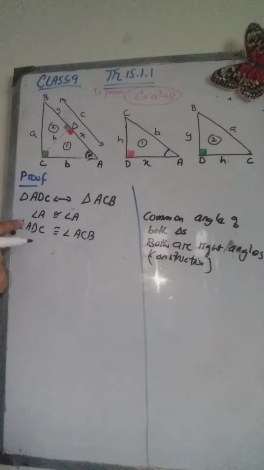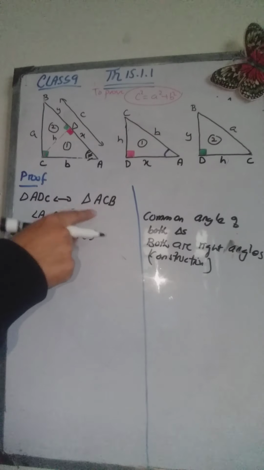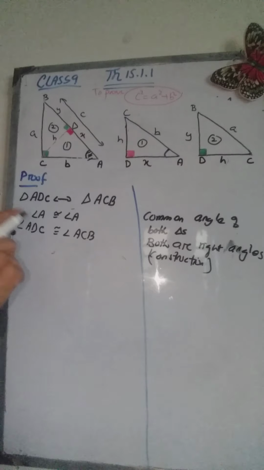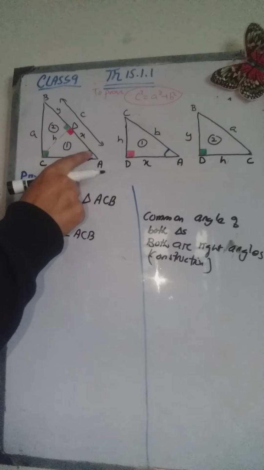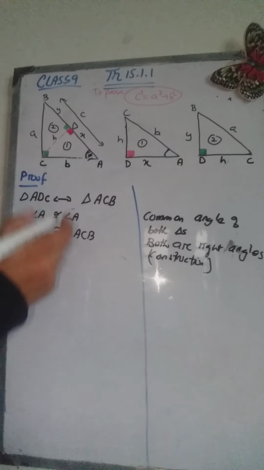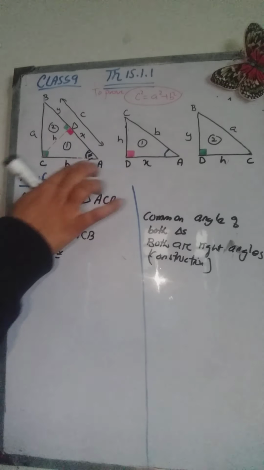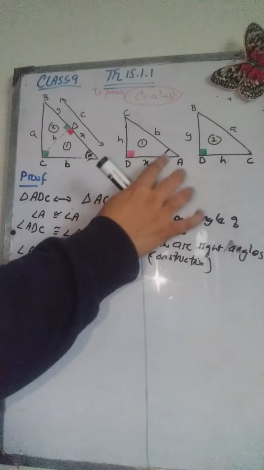Now we know that in a triangle, if two angles of this triangle are equal to two angles of triangle ACB, then the third angle will also be equal. Now what's the third angle? We have taken angle A and angle D. The third angle over here is angle ACD.